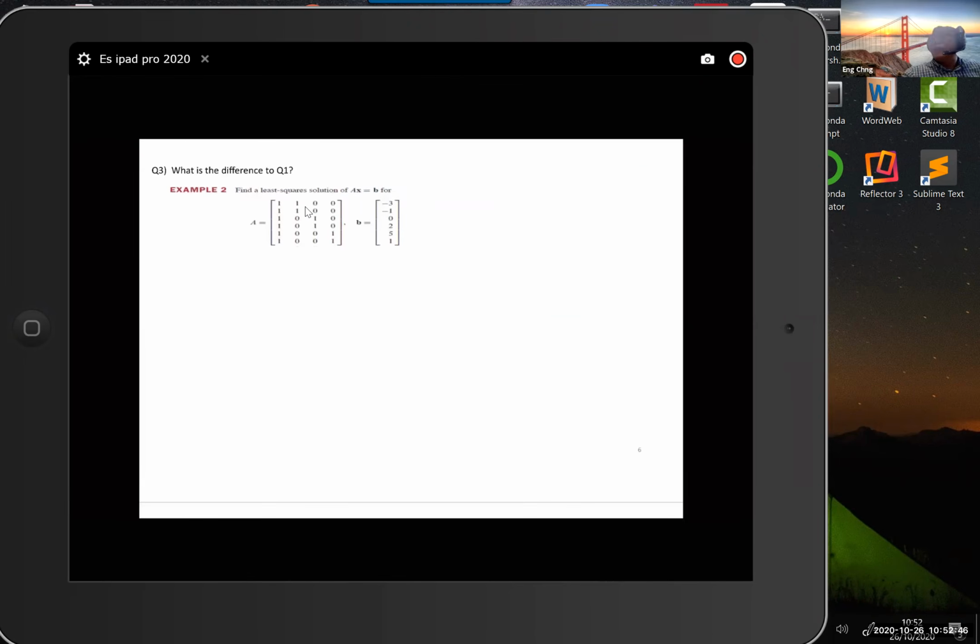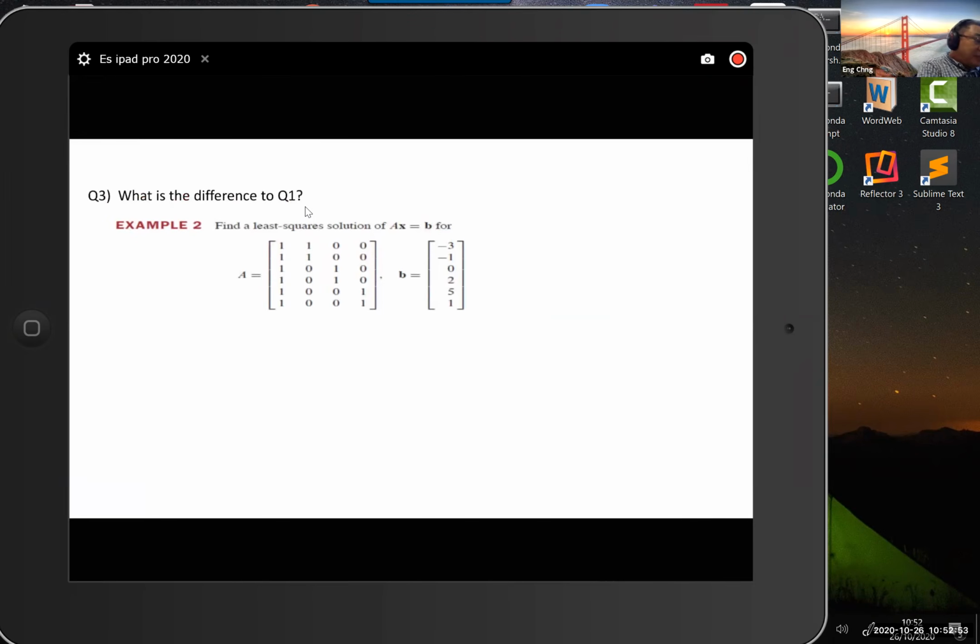Now, I'm done with question 1 and 2. And now let's see question 3. Before we start question 3, I have a question to ask. Is the system of linear equations consistent? By consistent, it always means that I can find AX equals B. The left-hand side equals the right-hand side.